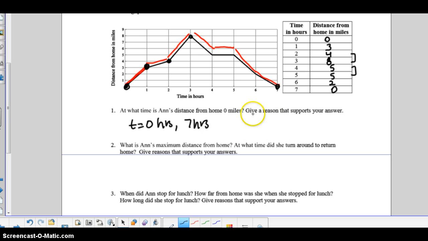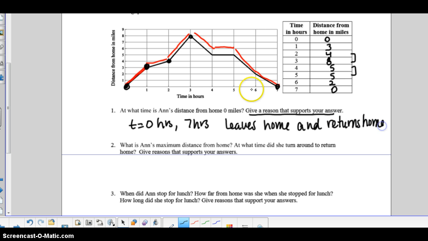And the reason to support that would be that's when she leaves home and returns home. So 0 miles would mean that she's back home.